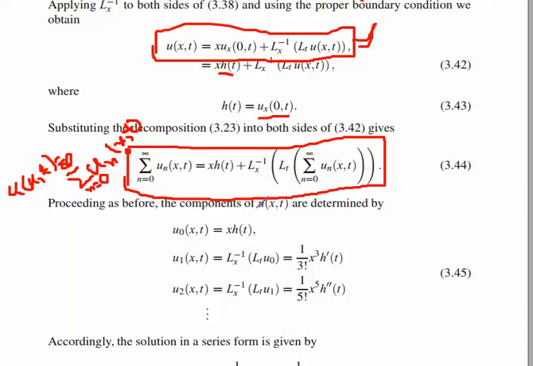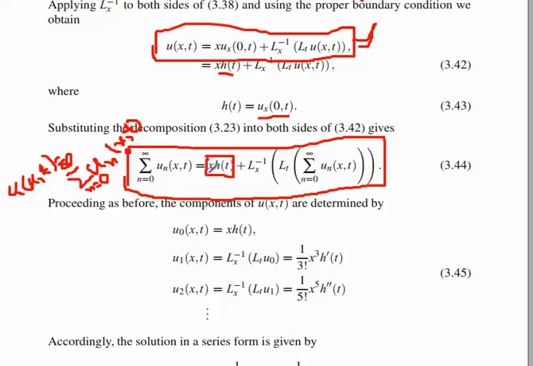This series, if you expand it, is u0 of x, t plus u1 of x, t plus u2 of x, t plus u3 of x, t and so on. For u0 of x, t we have this zeroth order solution.